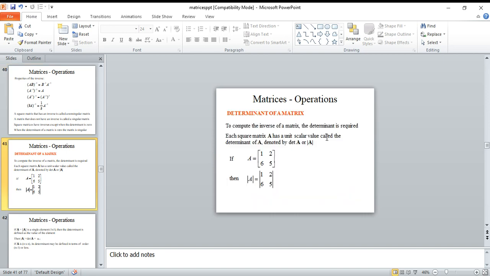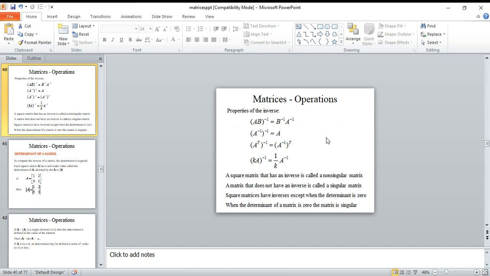Singular and non-singular matrices, and the determinant of a matrix. Before going to the determinant, we have to know singular and non-singular. When the determinant of a matrix is 0, the matrix is singular. When the determinant is not equal to 0, it is called a non-singular matrix. A square matrix that has an inverse is called non-singular.